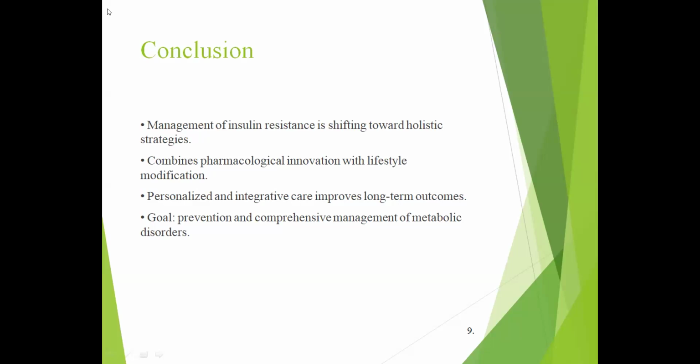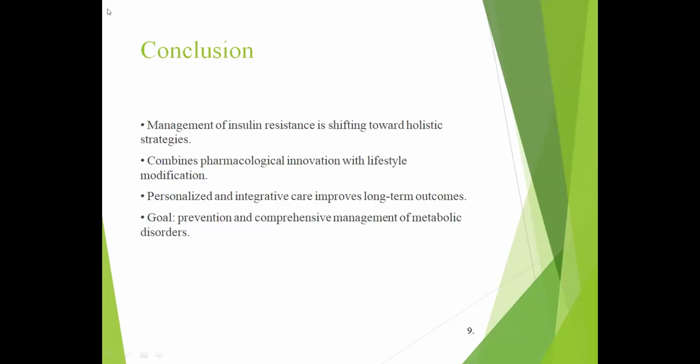And it is the topic which I am going to research in my MPharm project: the combinative effects of pharmacological, non-pharmacological, diet lifestyle changes, and probiotics in management of insulin resistance. That is it, sir. Thank you.